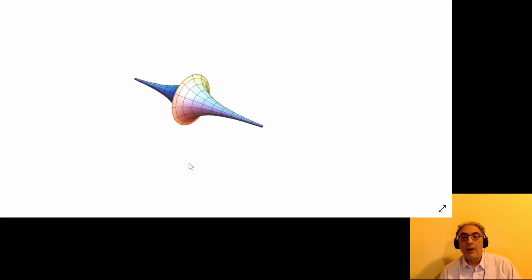It's a surface of zero Gaussian curvature. So the cases of positive and negative Gaussian curvature correspond symmetrically to a sphere which has real curvature, real radius, and a sphere which has imaginary radius.